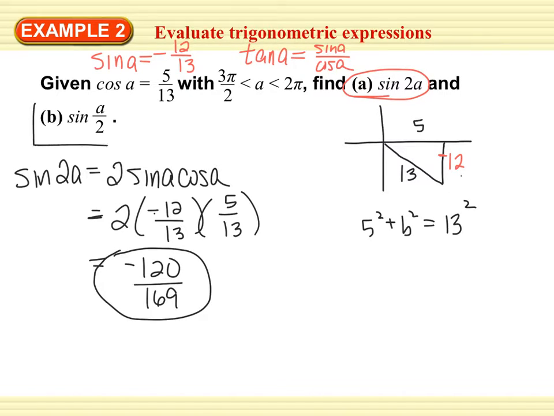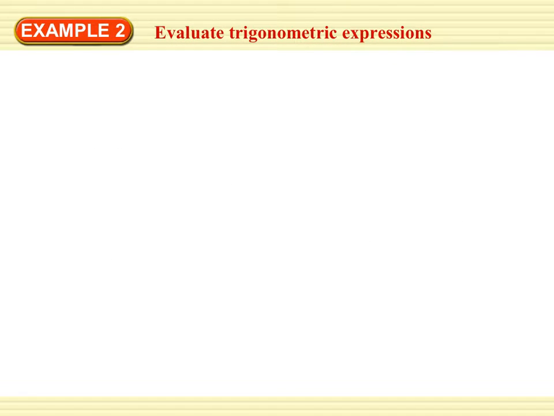Okay, let's go to the next slide and try this one. Sine A over 2. All right, so A over 2 is in quadrant 2. Sorry, I know that my quadrants I'm given are 3 pi over 2, A, and 2 pi.